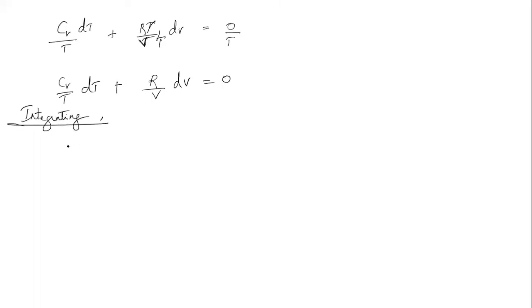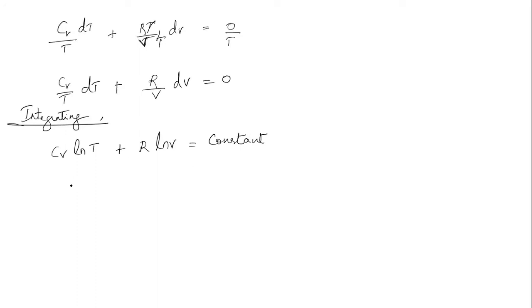After integrating, because Cv is a constant, integration of 1 by T is ln T, integration of 1 by V is ln V, and you will get plus a constant. Therefore, on the right hand side, it is constant. That is very important.